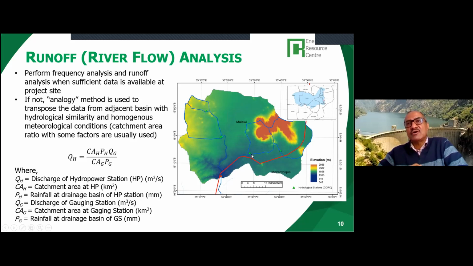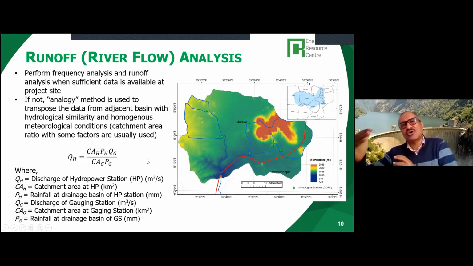We take the ratio of the catchment of this station, the green station here, and the catchment of the whole catchment, the ratio of this area, and using that ratio, we also take the relative precipitation that occurs within the catchment of this station and this catchment.